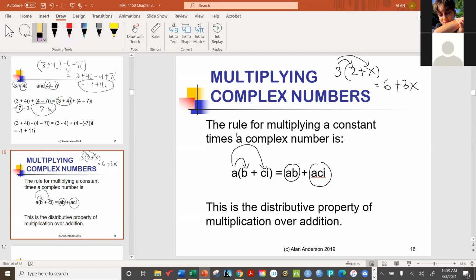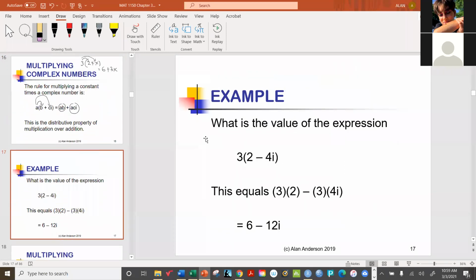All right. Now let's look at some examples. So we'll multiply 3 times this expression to come up with 3 times 2, and then we have minus 3 times 4, and so our final result is 6 minus 12i. Perfect.